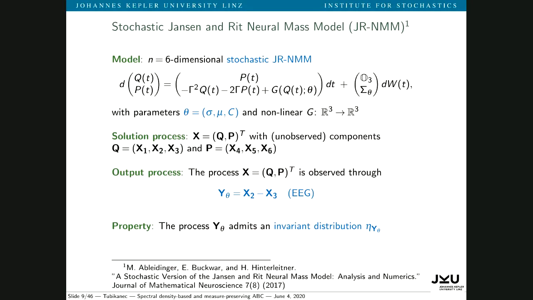So everything I'm presenting today also holds for similar equations of such type. Hamiltonian equations usually model some type of oscillatory behavior. Okay, but in particular, this neural mass model describes brain activity of an entire group of neurons in an entire region in the brain, and it describes EEG data.